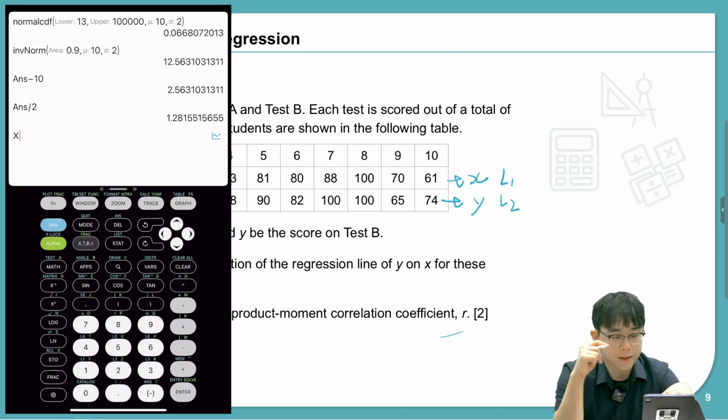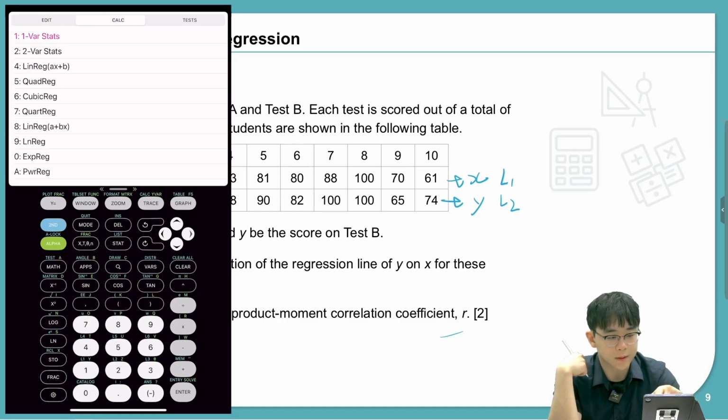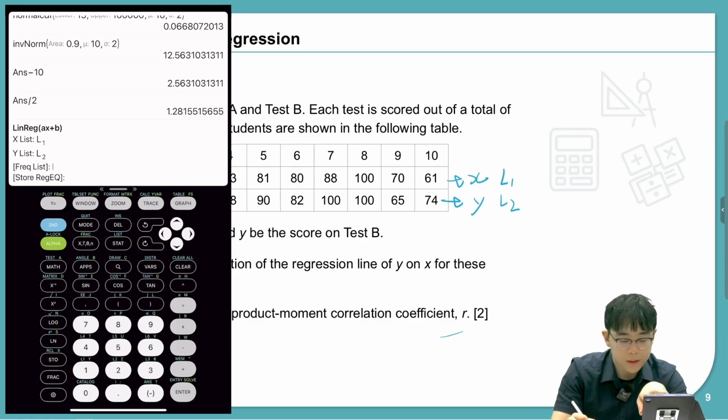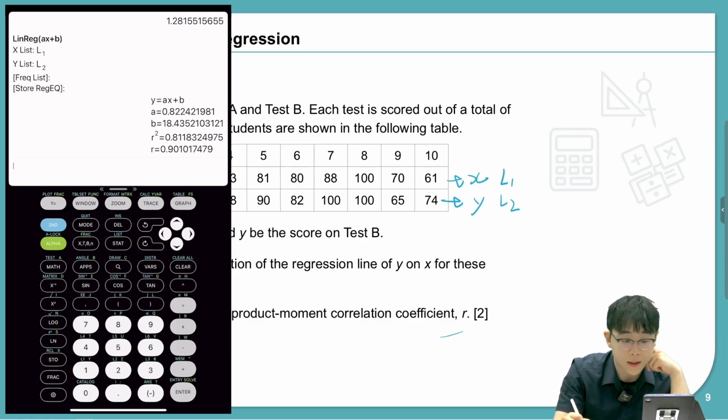We now go to stats, list, or stats test, or the calculate feature. We have the linear regression feature with L1 and L2. If you use that, we do get indeed y is 0.822x plus 18.4, and the r value is 0.901.